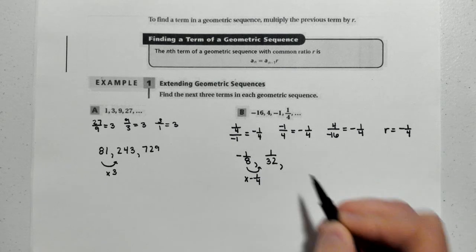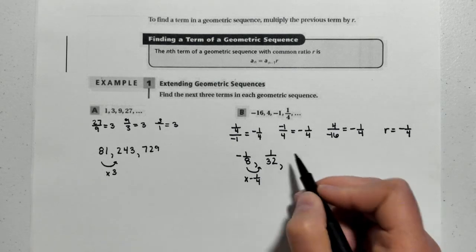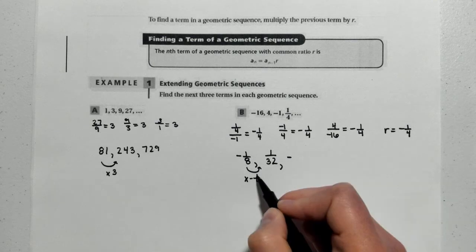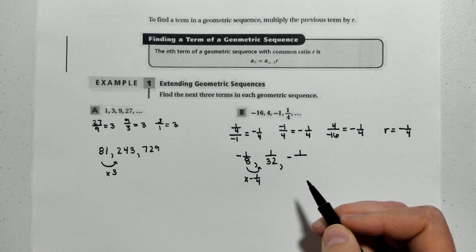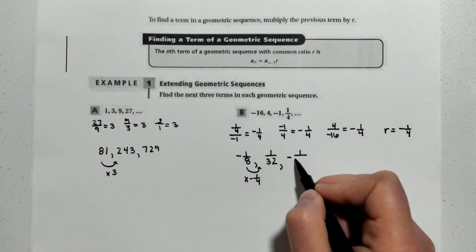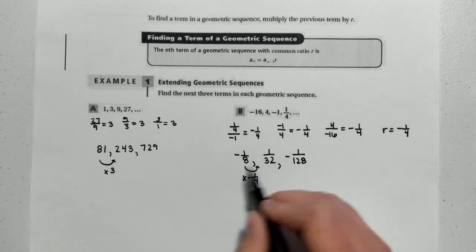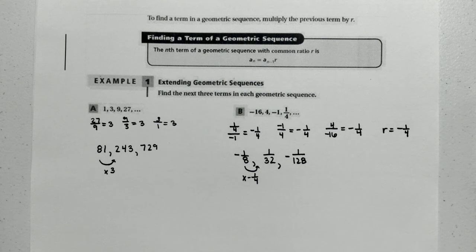Then I'll take this, multiply it by negative 1/4, and negative times a positive will be a negative. Numerators, 1 times 1 is 1, and then 4 times 32 will give me 128. So those would be the next 3 terms in the sequence. So you find your common ratio, and then multiply by your common ratio to get your next terms.